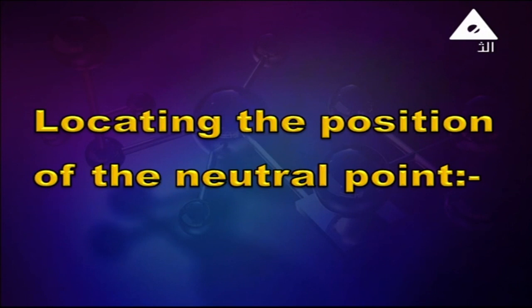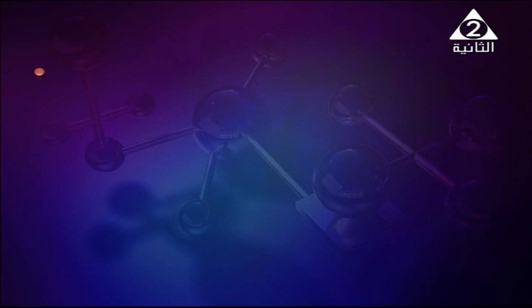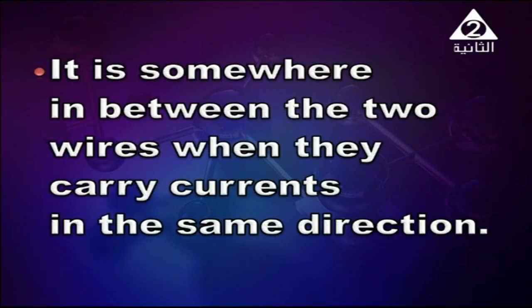Now locating the position of the neutral point. This is very important. We want to locate the position of the neutral point. It is somewhere in between the two wires when the two wires carry currents in the same direction.